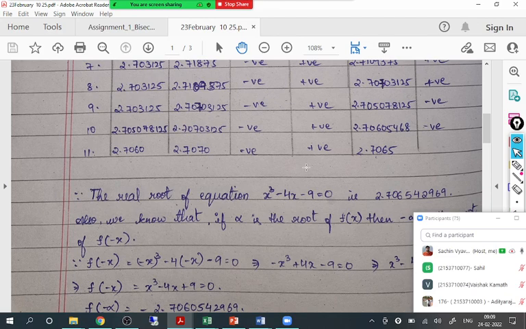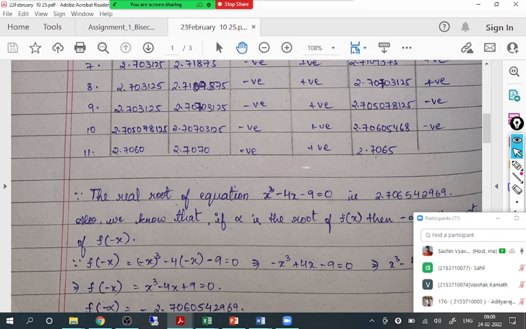Now I will tell you the variation. A few of the students got this answer probably in the 10th or 9th iteration. That's okay, but you can't say that you got it correct up to 3 decimal places in 3 or 4 iterations only. That is not possible, because Newton-Raphson is the method that gives the answer in such a small number of iterations.